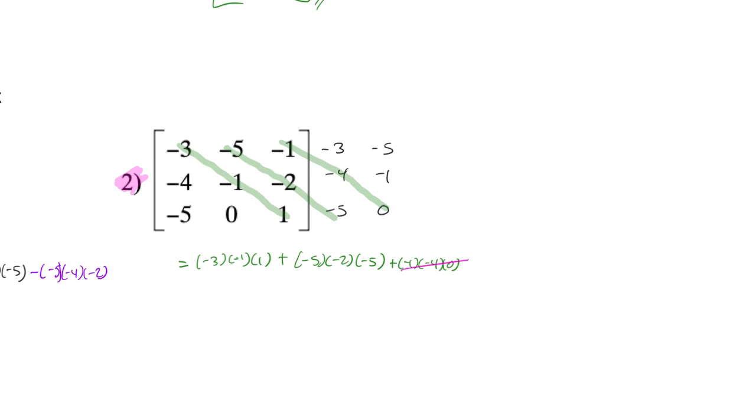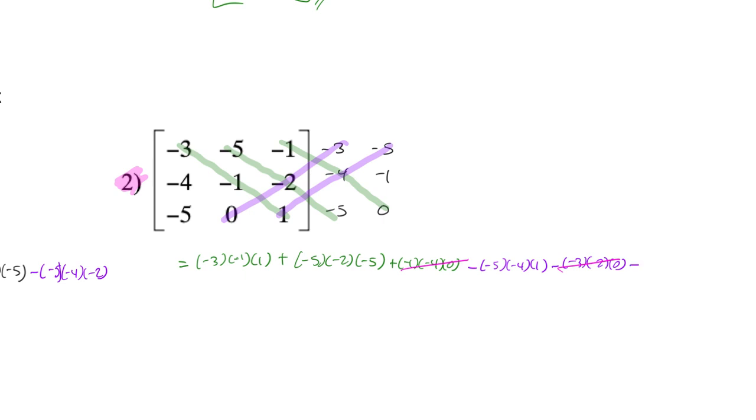And now we're going to go in the other direction. So let me go here. This one, don't forget that we're subtracting down. So minus -5 times -4 times 1. Then I'm going to choose my next diagonal, that is this one here. So we got minus -3 times -2 times 0. Again, we can cross that one out already because it has a 0.